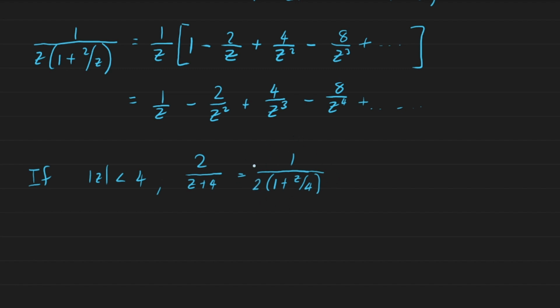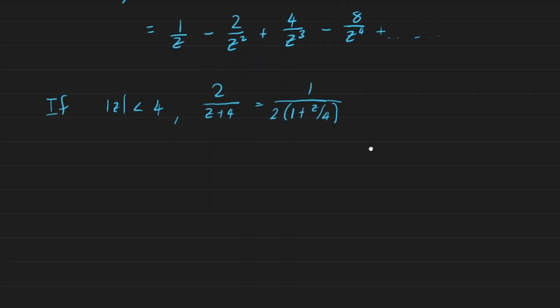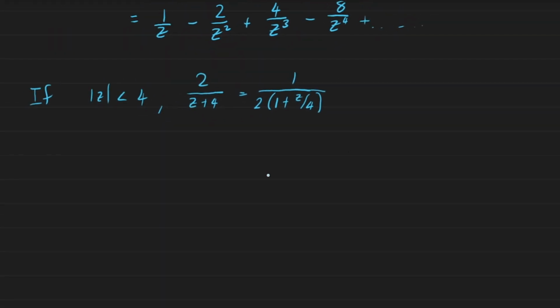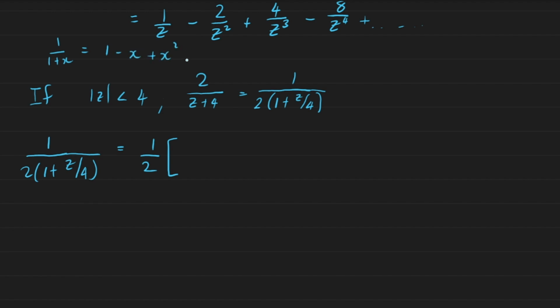So I can take this and expand it in the binomial series, binomial expansion, as I did with the first expression. So I have 1 over 2 into 1 plus z over 4. If I expand that out, I get a half. Let's remind ourselves: 1 over 1 plus x is equal to 1 minus x plus x squared minus x cubed, and so on.